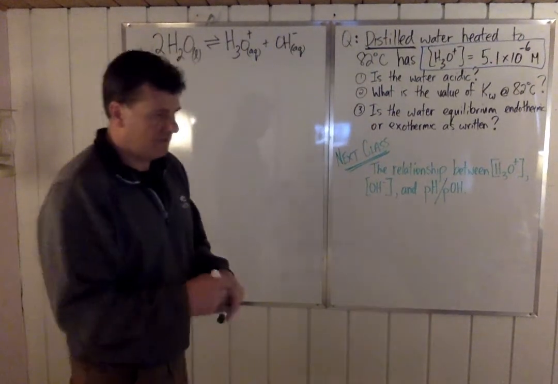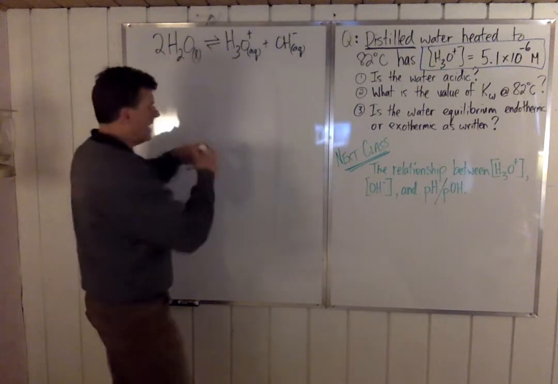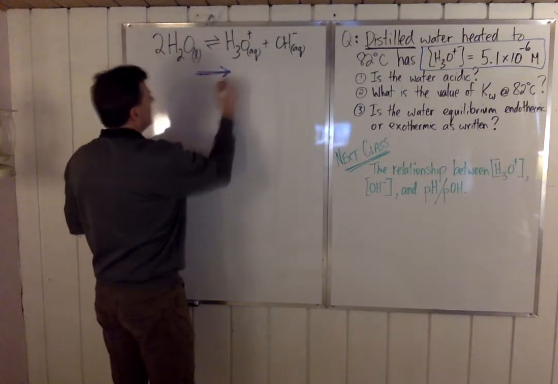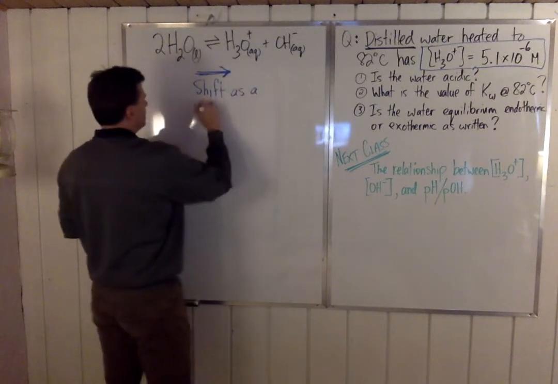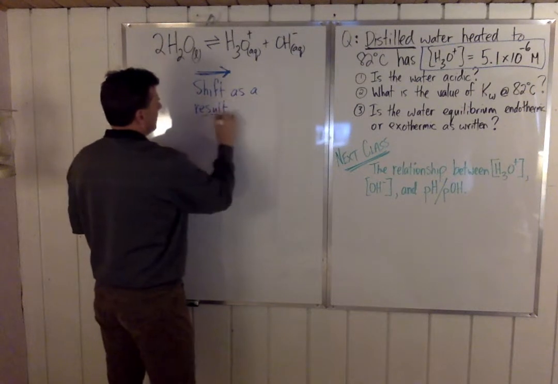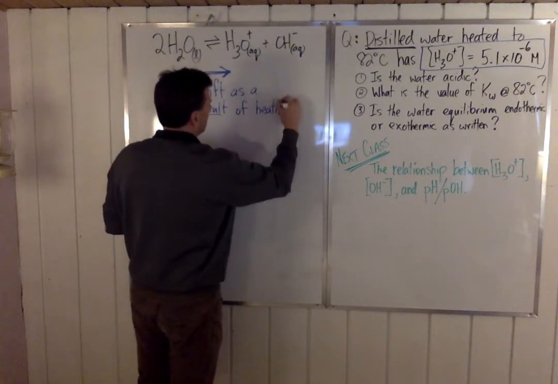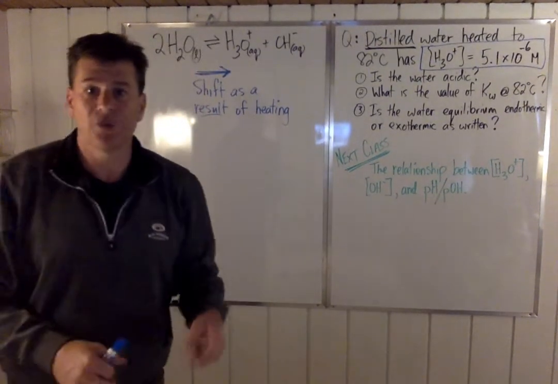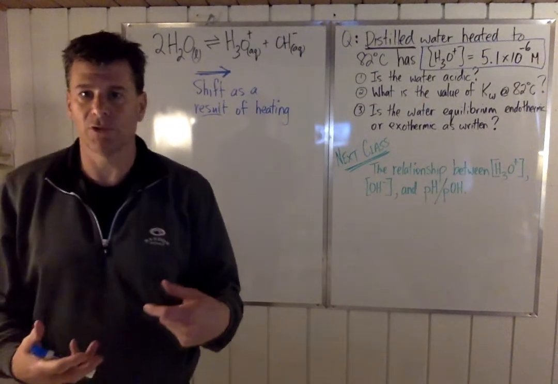So the shift had to have gone towards that side. So if I go like this, this was the shift as a result of heating, meaning from 25 degrees to 82 degrees. So that's what we observed, the concentration of hydronium going up.